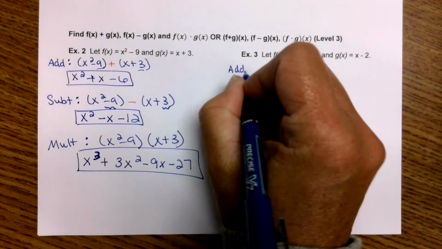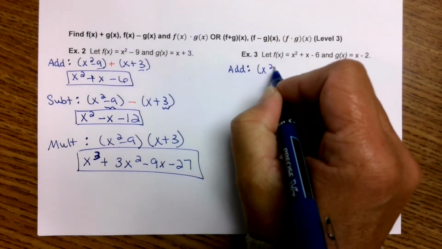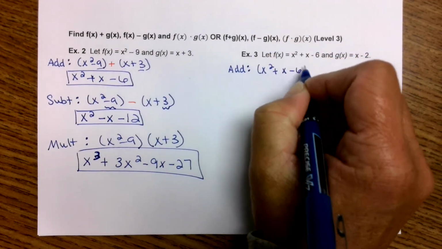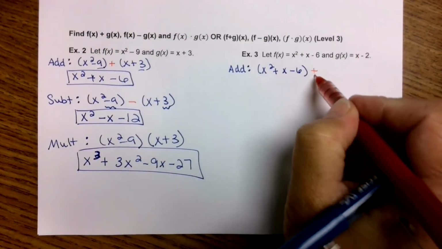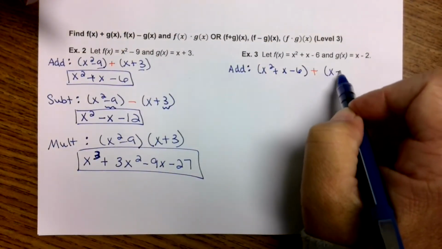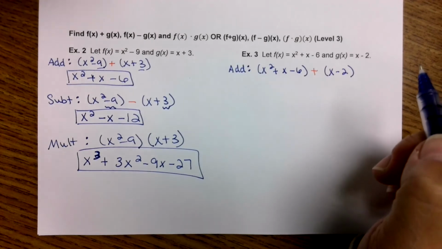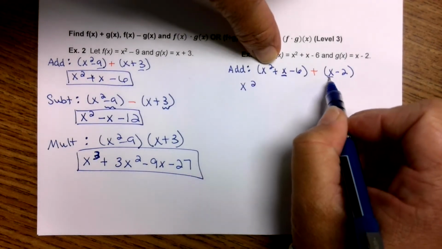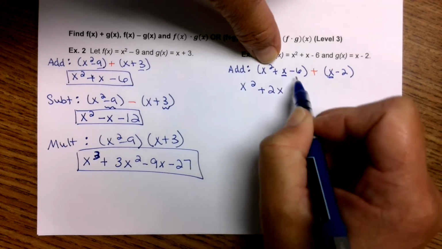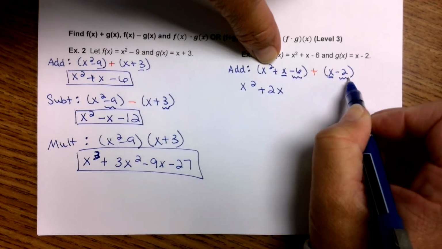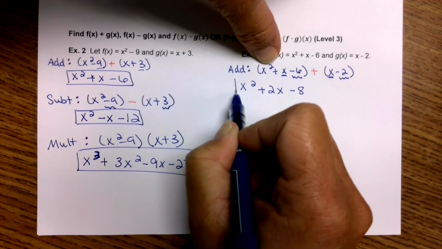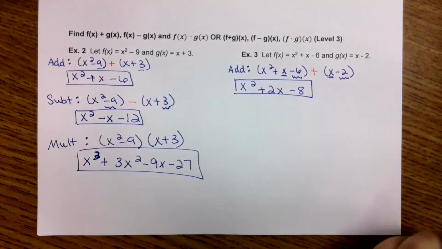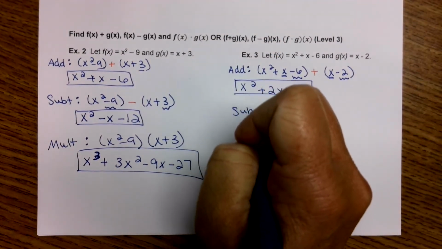So if we add these, it's x squared plus x minus 6 plus x minus 2. Combine like terms. Here's my x squared. X plus x is plus 2x. Negative 6 plus a negative 2 is a negative 8. Subtract.